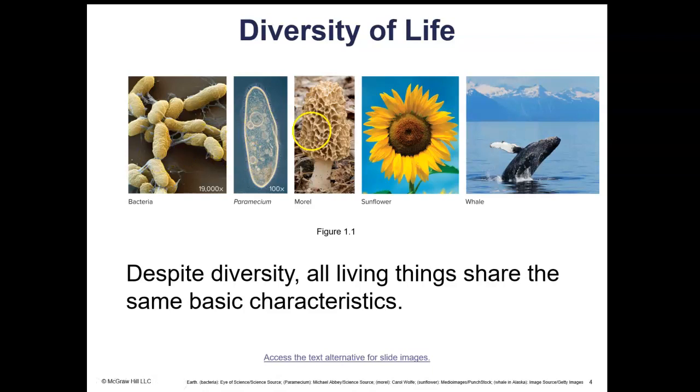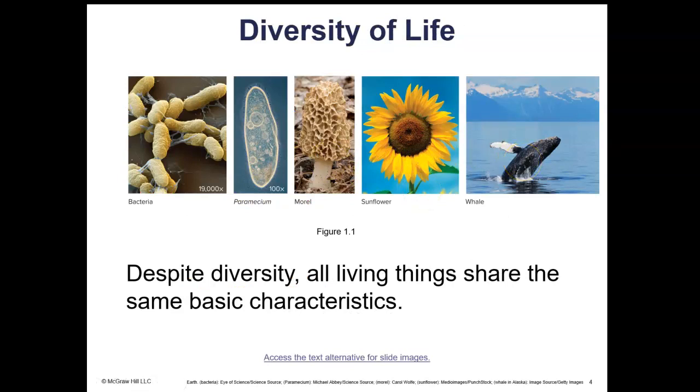But they're both unicellular or single-celled organisms. And then to the right of the paramecium, you can see a morel, which is a type of fungi, like a mushroom. Morels are edible. And then we have a sunflower, which is a plant, and a whale, which is an animal.